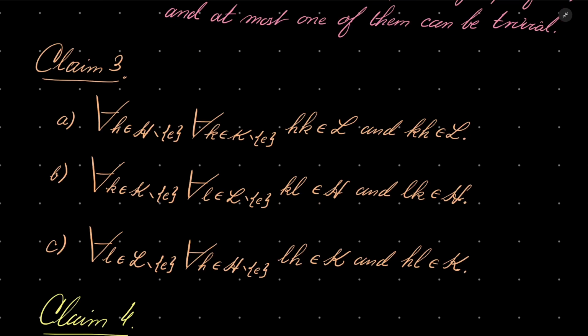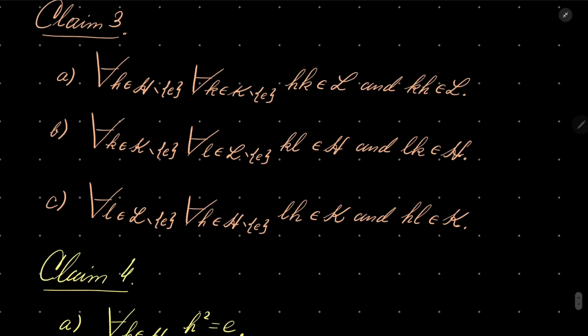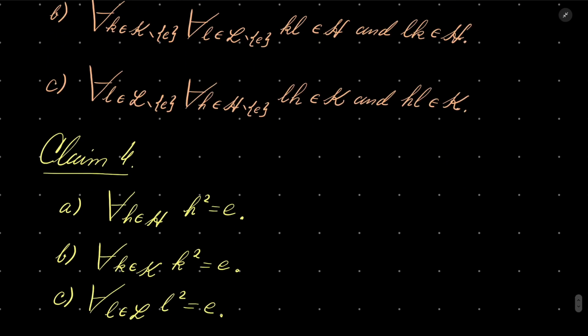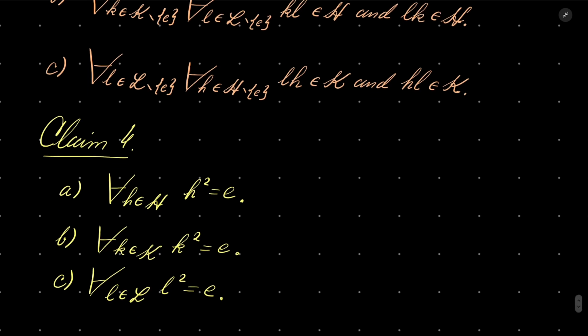Similar results can be proven by cycling through H, K, and L. So for example, for k in K, l in L, kl is in H, and lk is also in H, and so on. And finally, fourth claim, which is the main result: for every h in H, h squared is E, for every k in K, k squared is E, and likewise for L. So it's our plan. Give this problem a try if you wish, and I will see you in just a minute.